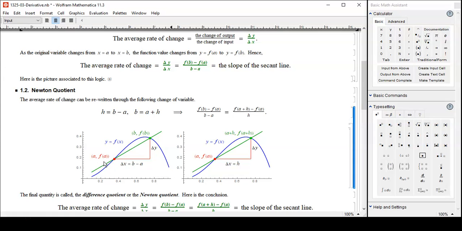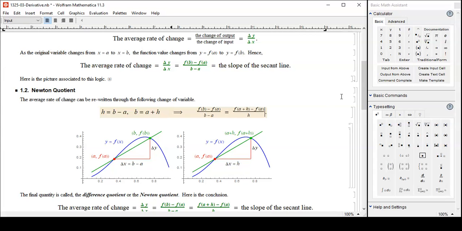Here, a comma f of a, b comma f of b. Here, a comma f of a, and a plus h comma f of a plus h. The latter expression may look a little bit more intimidating, but that's actually the very same as the average rate of change, and consequently, this too is the slope of secant line.